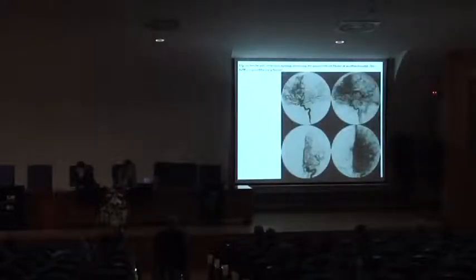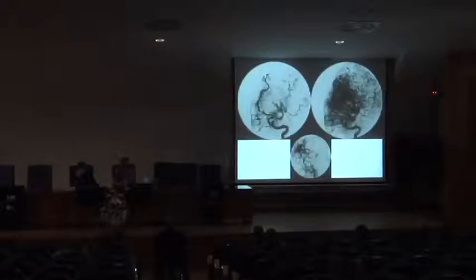The next patient has a big malformation. It's a deep, frontal, big malformation. A 27-year-old female with intractable epilepsy. Previously, she was embolized 7 times in another hospital. The AVM is supplied by many feeders. It's magnification, dural part of the malformation.